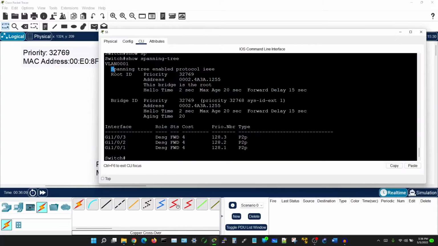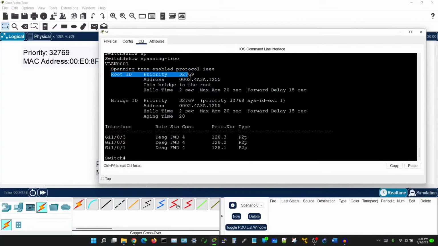The first block is talking about spanning tree, and it's actually running the old spanning tree. We didn't go into too much detail on that because knowledge of these theories is assumed, but we can change this, and we will as well.